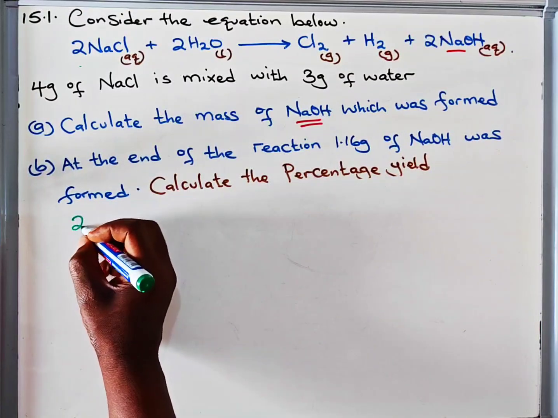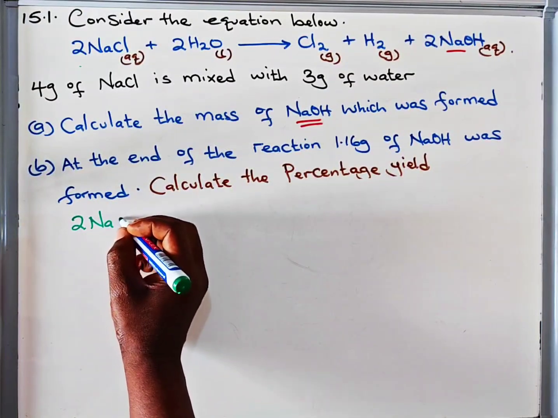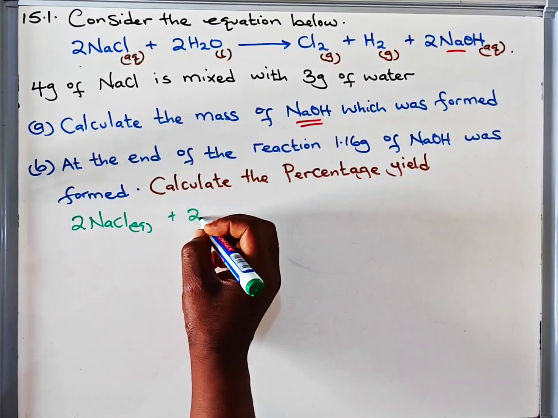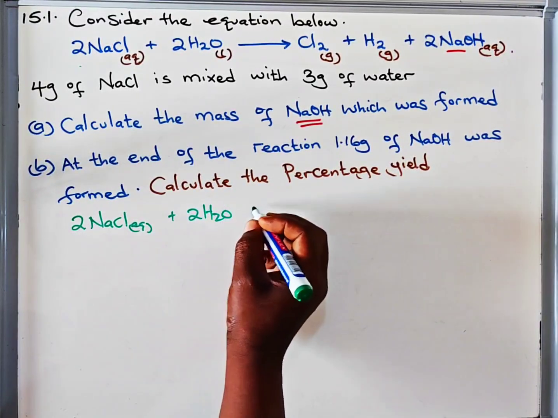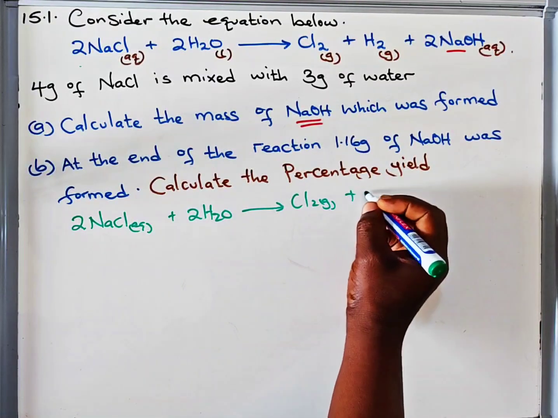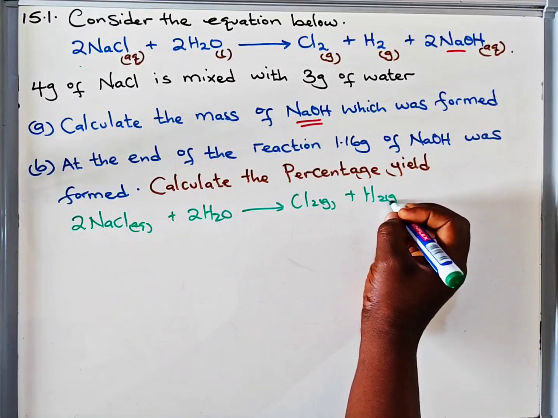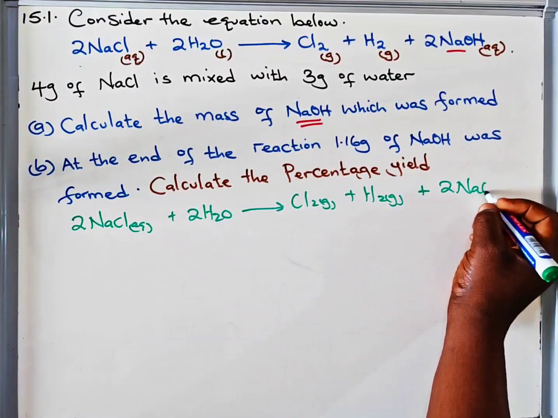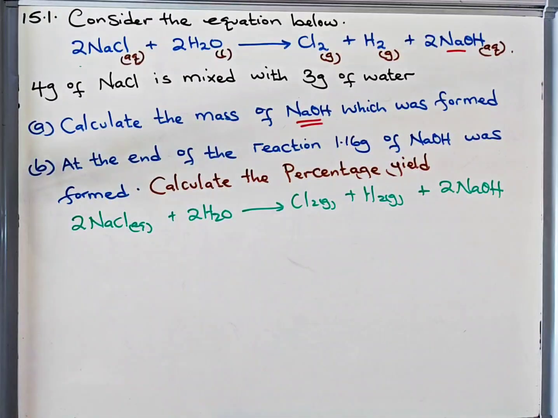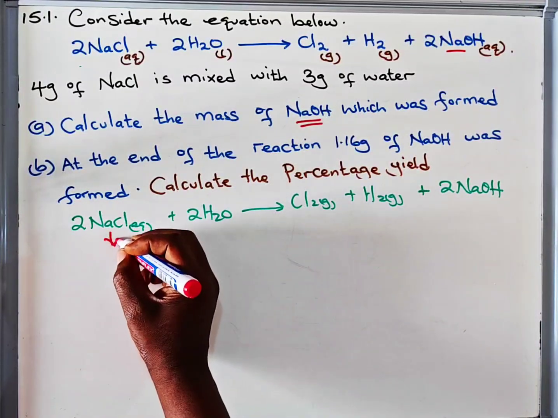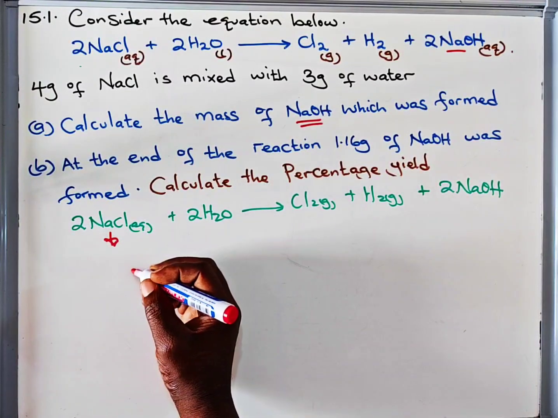The equation is 2 sodium chloride aqueous reacting with water to give you chlorine gas, hydrogen gas, and sodium hydroxide. So at this level, we have identified that it is sodium chloride which is the limiting reagent.